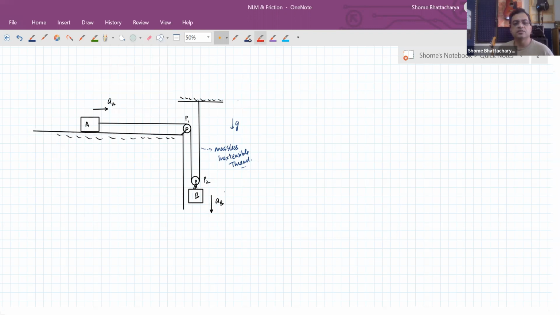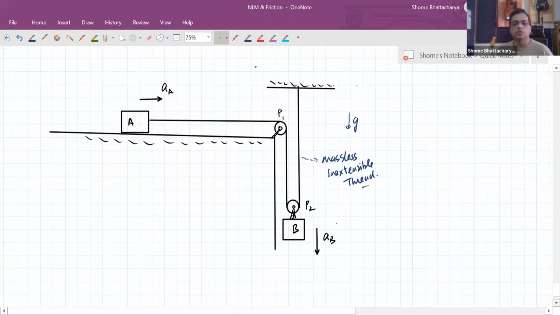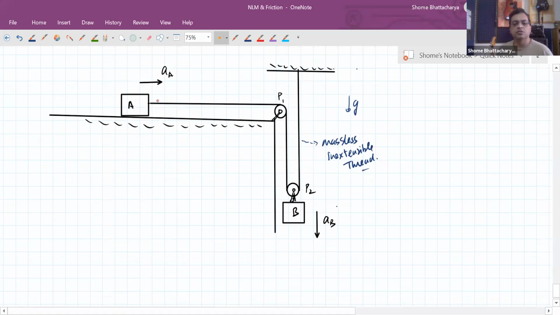If we analyze the forces acting on the different blocks, now that we know the ratio of their accelerations, there is tension acting like this.